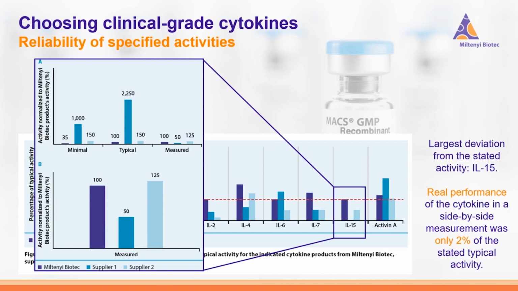And if you put these numbers into perspective, the claimed and the actual activity of this product, you will find that this IL-15 product only delivers around 2% of what it claims to offer. And honestly, I would say that is pretty dramatic, and it demonstrates that while most specified activities are reliable, to minimize risks, you should never blindly trust values you've just seen on paper.